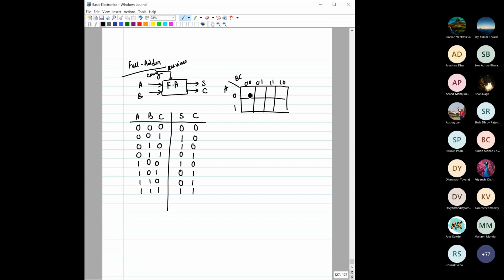So here it is 0, 1, 1, 0, then 1, 0, 0, 1. Could you please check, is this correct? This is for sum. Is this correct?